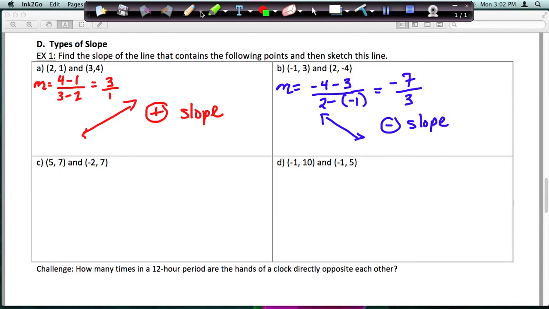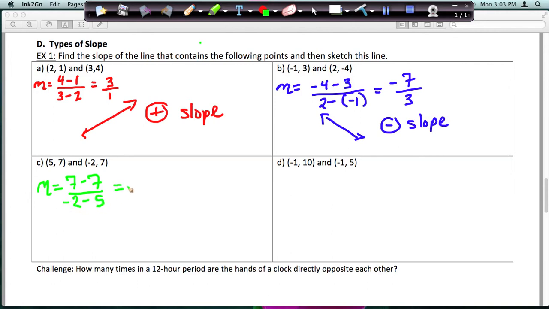Okay, for C, go ahead and find the slope and see what you get. So something interesting happens when you find the slope in between these 2 points. You have 7 as your y2 and 7 as your y1. So that's your numerator, over, subtract, negative 2 minus 5, your x2 and your x1. So negative 2 minus 5.